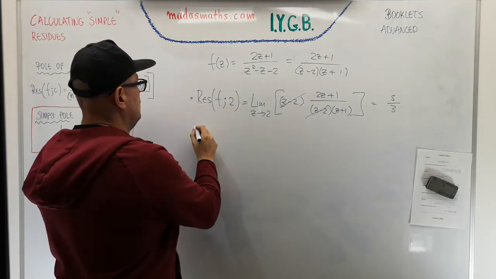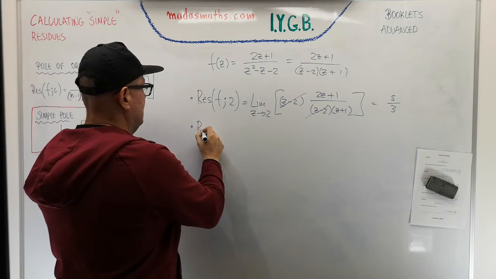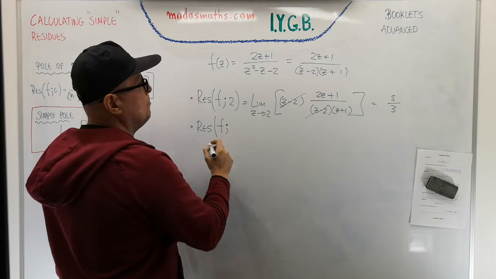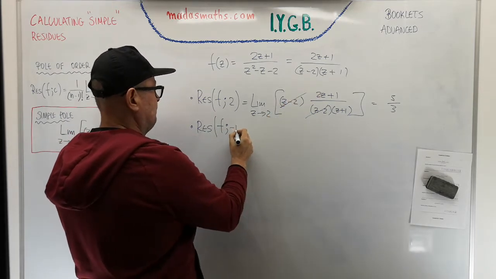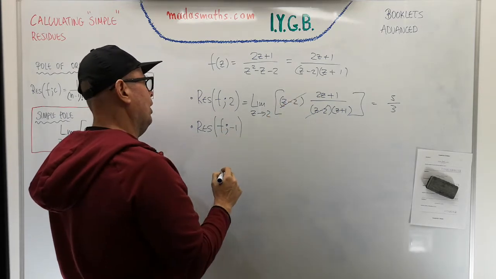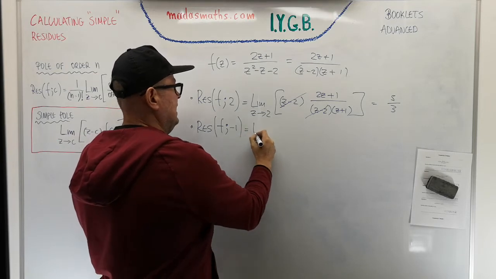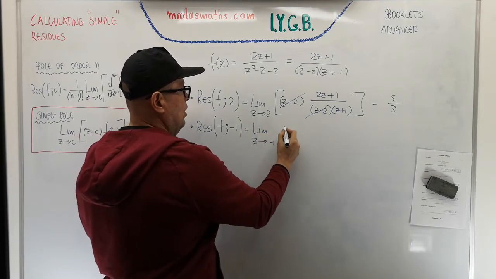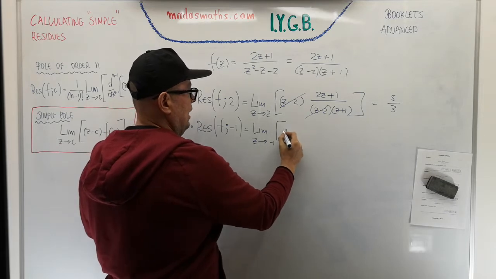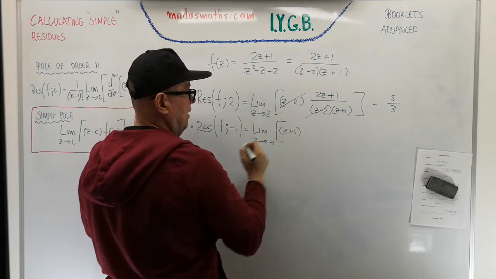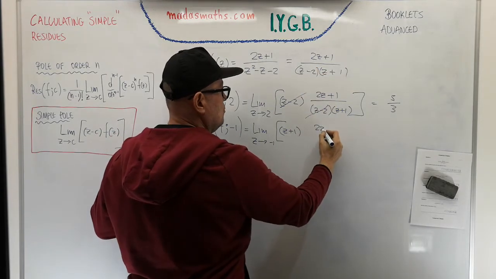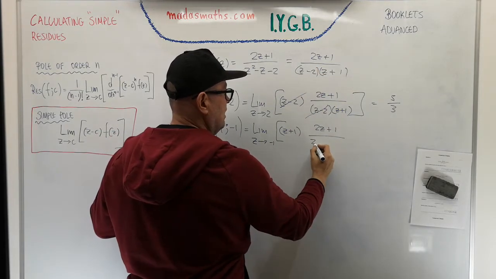And we've got one more residue to calculate. That is the residue of f at the simple pole at -1, which is the limit as z tends to -1 of z plus 1 times the function f of z, 2z plus 1 over z minus 2, z plus 1.